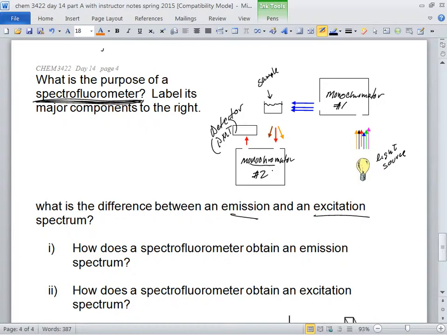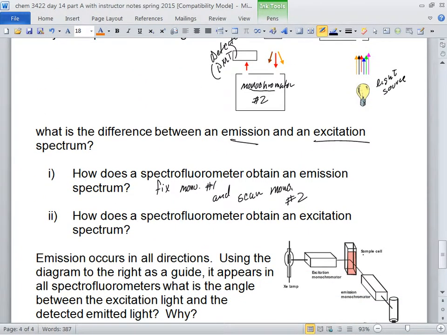Emission spectrum, we drew it pretty much: fix monochromator number 1 and scan monochromator number 2. So monochromator number 1, you set it to a wavelength where you know it's going to absorb, and then monochromator number 2 just scans all the wavelengths and gets their intensities.